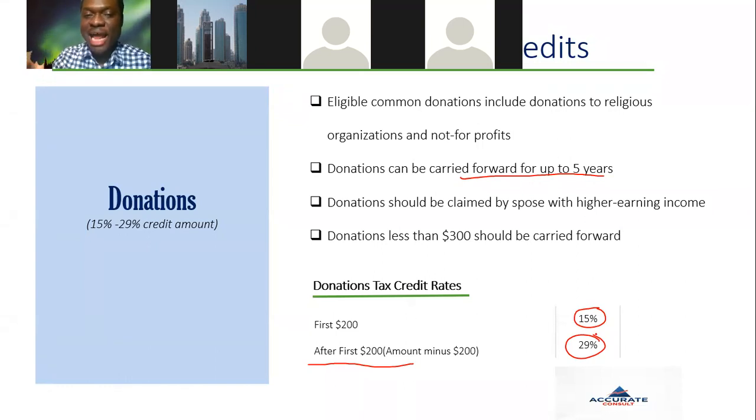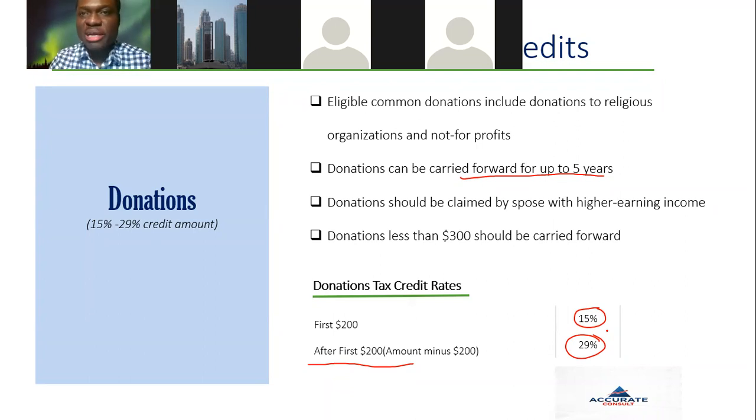Then another thing is that for a couple, husband and wife, you can recognize donations for a single taxpayer. So for example, let's assume in my church, I donated 3K in a year or 5K, and my wife also donated 5K. So the total donation for the family is 10K. It is advisable because it will be more beneficial to the couple with the spouse with the higher earning income.